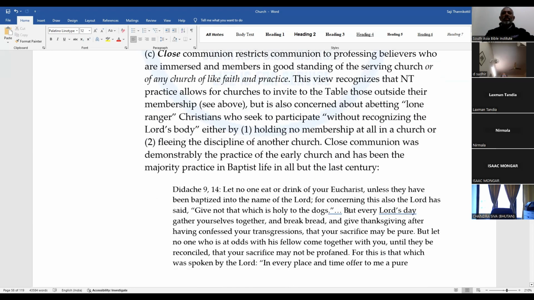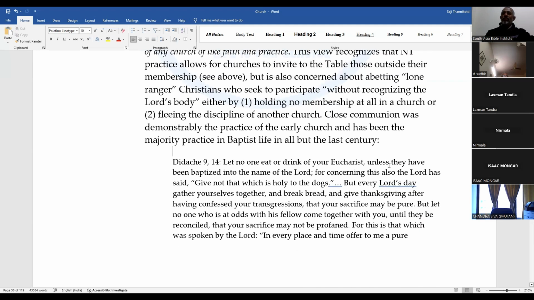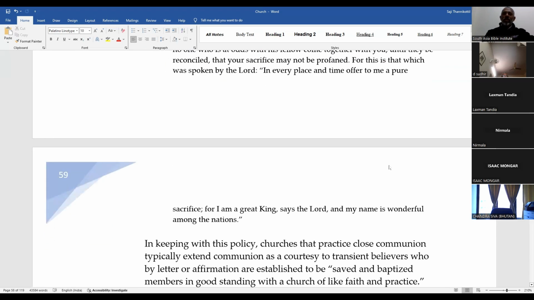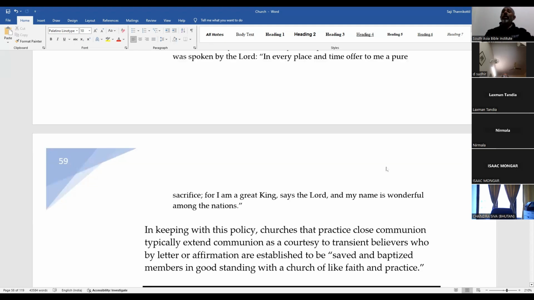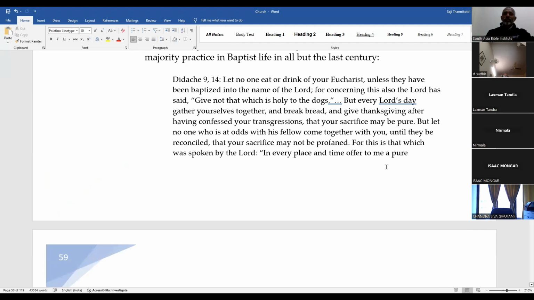Close communion was demonstrably the practice of the early church and has been the majority practice in Baptist life in all of the last century. So close communion is the communion that is practiced throughout in the Baptist churches, except landmarks, right?